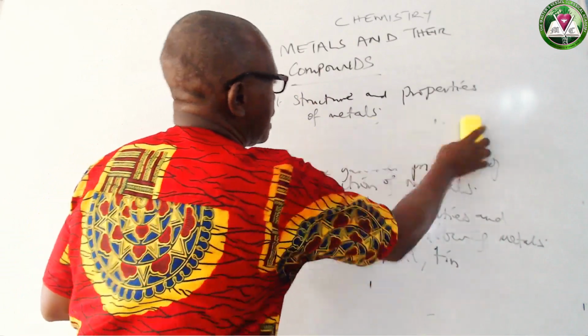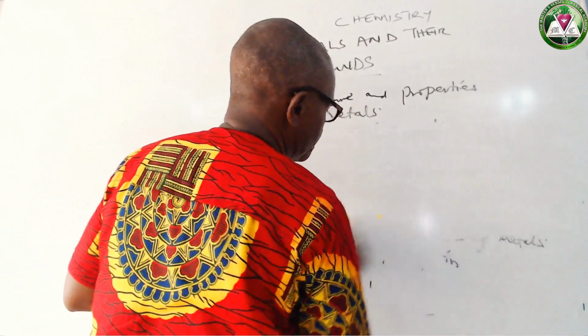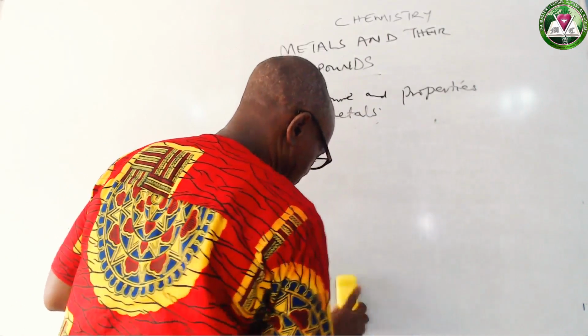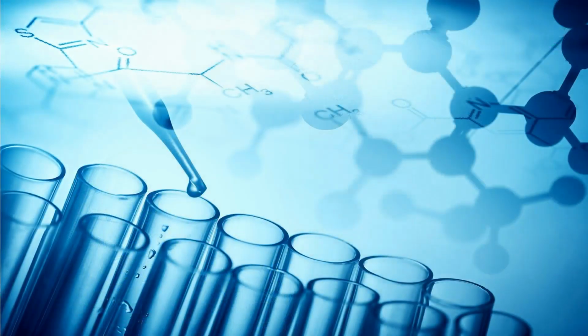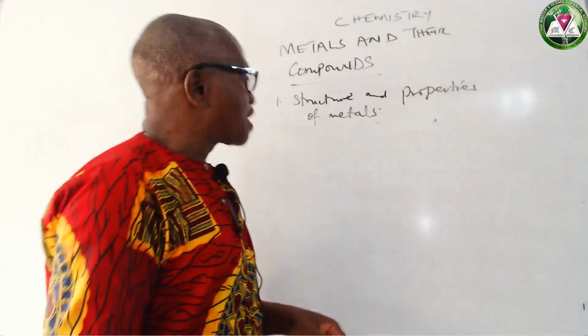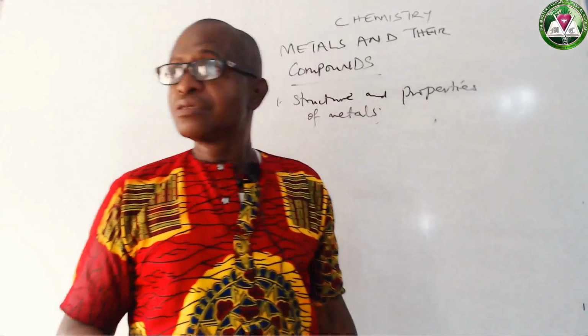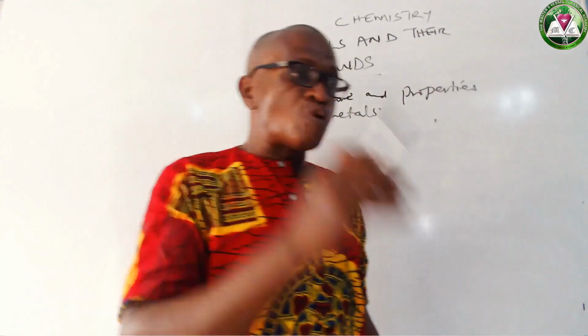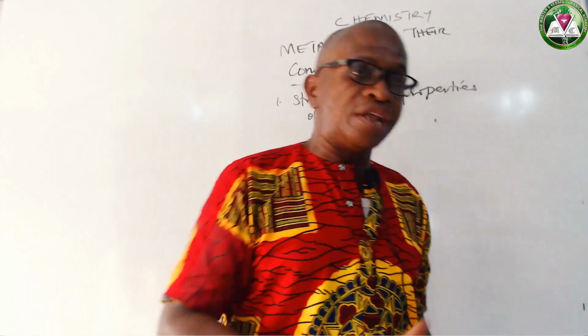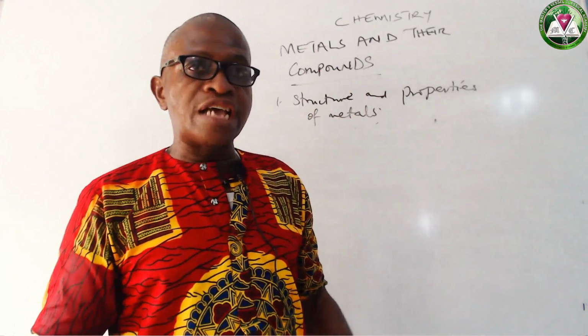Let me look at structure and properties of metals. Well, the most important thing we should know is that metals are usually in group 1, group 2 and group 3, located at the left side of the periodic table.